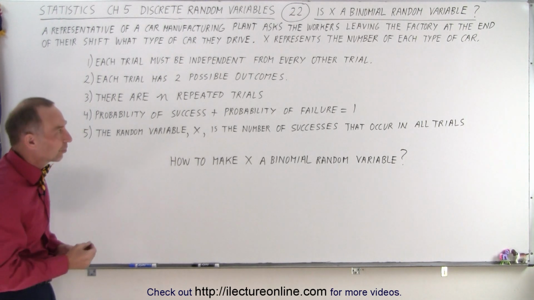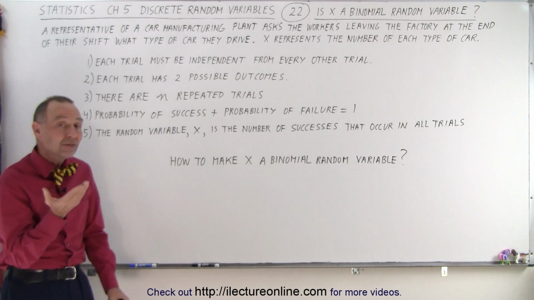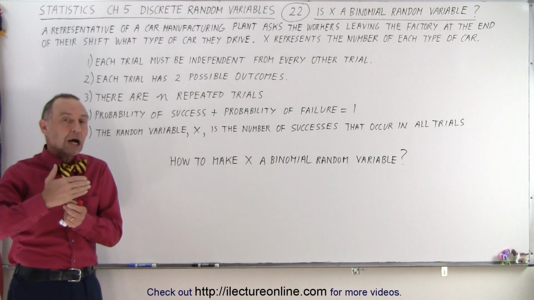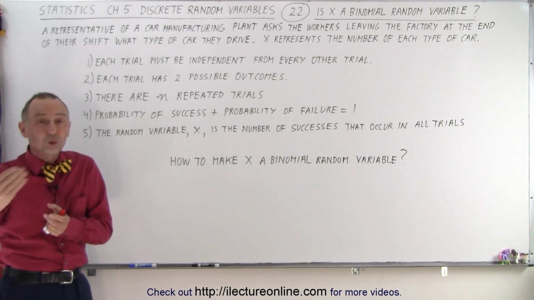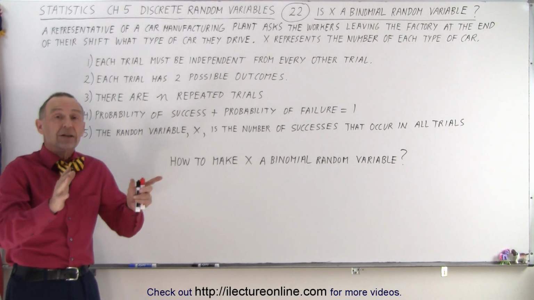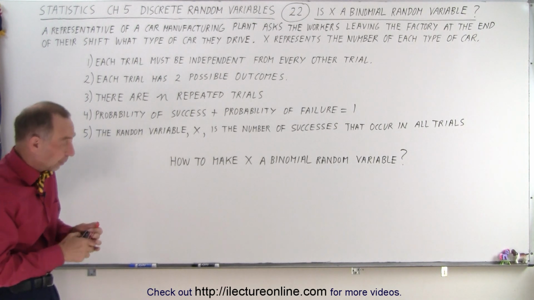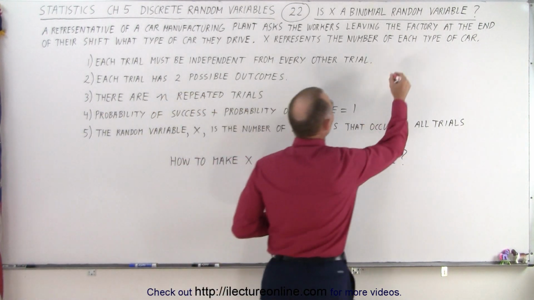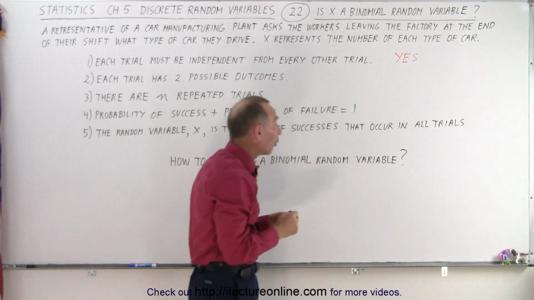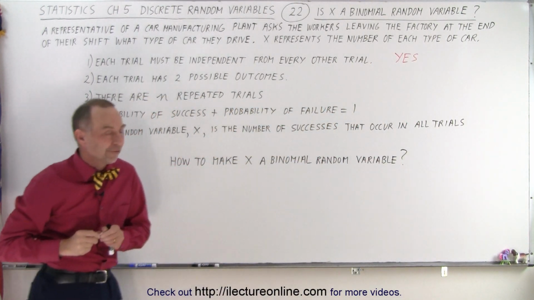That's 1,000 trials. And it turns out that in this case, each answer of one employee does not affect the answer of the other employees, so they are truly independent. The response of one employee does not affect the response of every other employee. So here we can say that yes, it meets this condition. So we're still in the hunt for X being a binomial random variable.